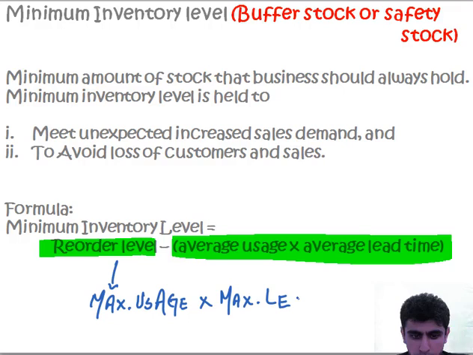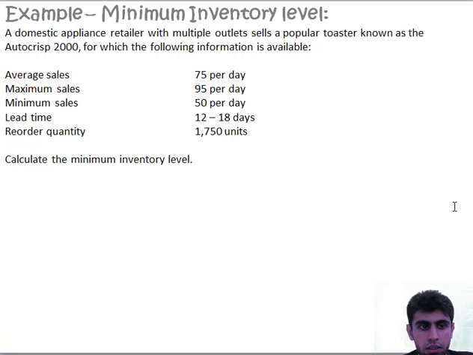So this is what we did in our previous video, calculation of reorder level. So the formula for minimum inventory level is reorder level minus average usage times average lead time, right? So what we are going to do now is see how we can apply this formula in a given question. Okay, so here is our example.